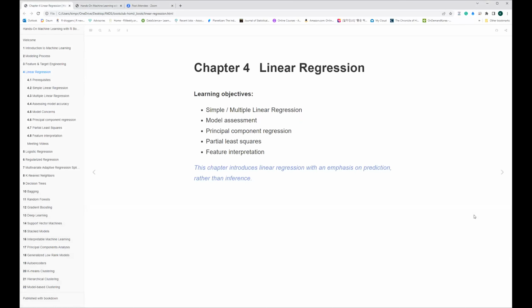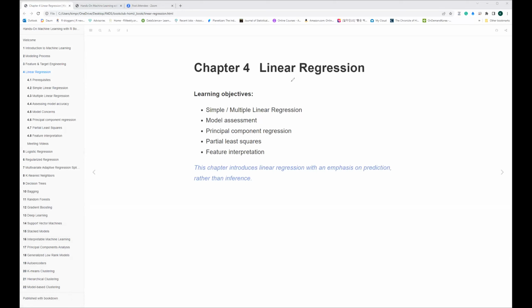Especially dimension reduction. Although it's in chapter 17, it's a technique that you should be aware of, because it's used very commonly. All right. So thank you.